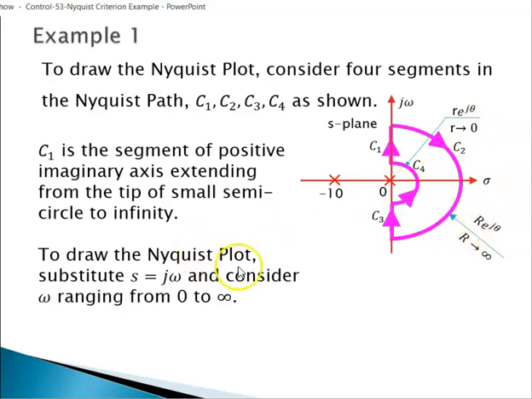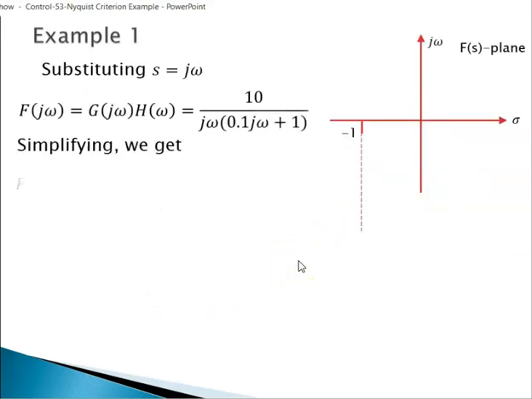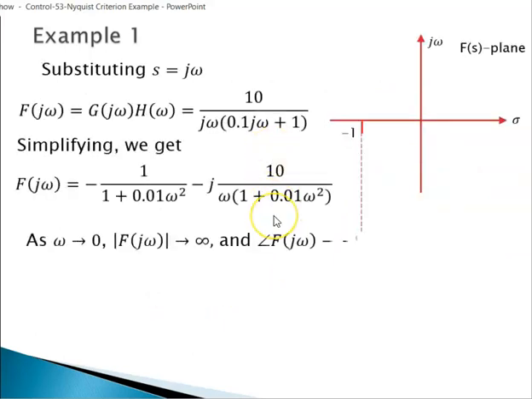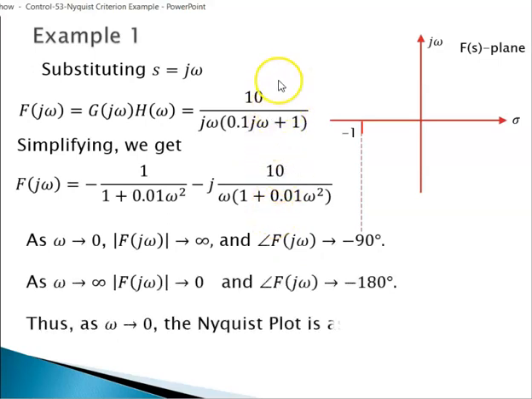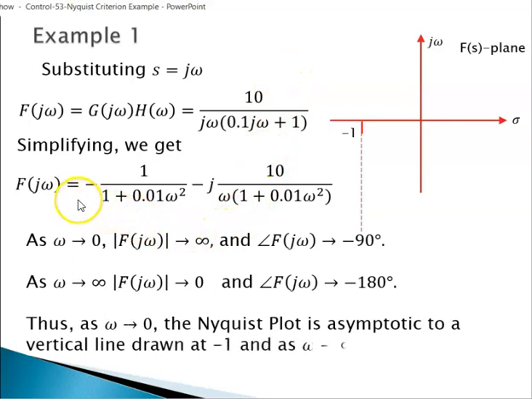We substitute s equal to j omega, because all the points here have no real part, only imaginary part. You multiply both numerator and denominator by the complex conjugate and simplify, and you get this F(j omega).